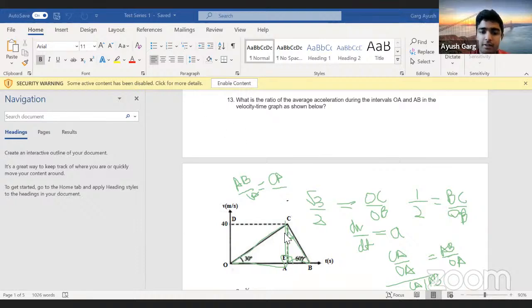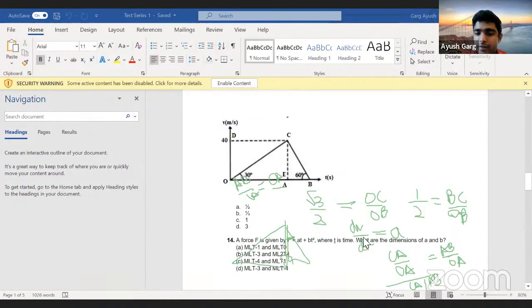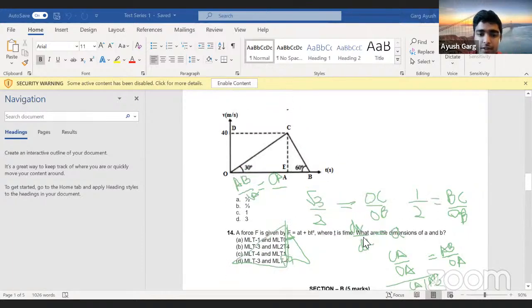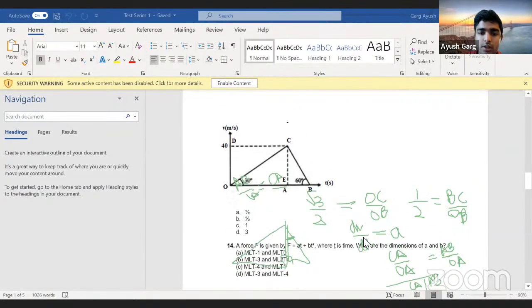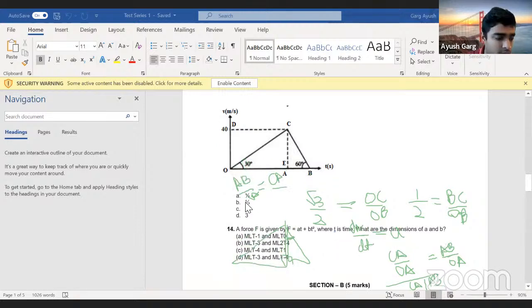So when you do that, then you will be able to calculate. We are running out of time actually. I'm going to move ahead because we have another question to do. But once you do that and calculate the ratio, you'll get the answer.